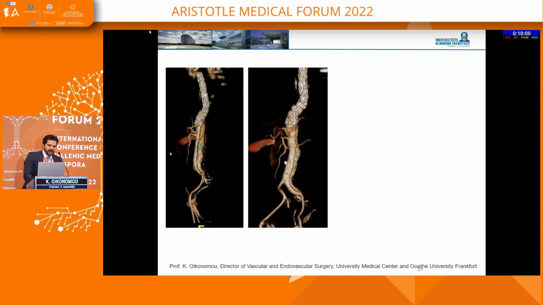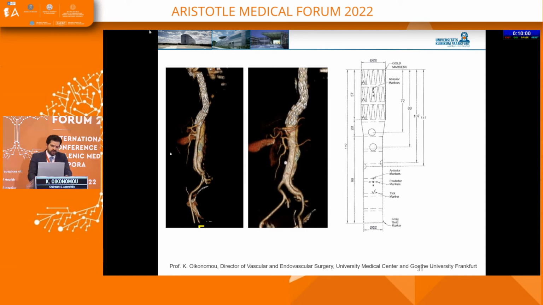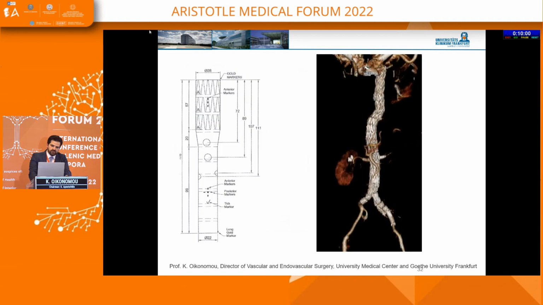So this is what happens when an acute dissection degenerates in the midterm, and that's the solution that we propose at this moment. We have the option to fully customize endografts with fenestrations and side branches, which may continue to perfuse the renovisceral vessels while in the meantime excluding the thoracoabdominal aneurysm.